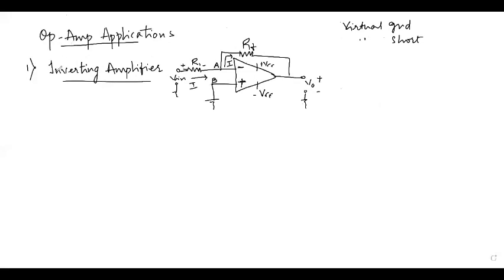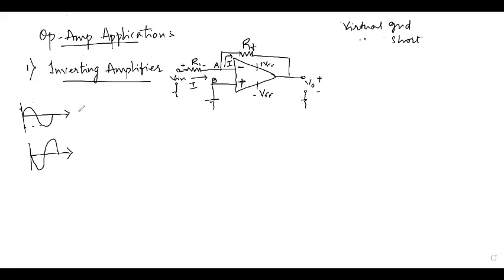Now, as we are discussing the inverting amplifier, what I expect of the output is, if my input is a sinusoidal wave with certain amplitude, my output should be an inverted one with an increase in amplitude.